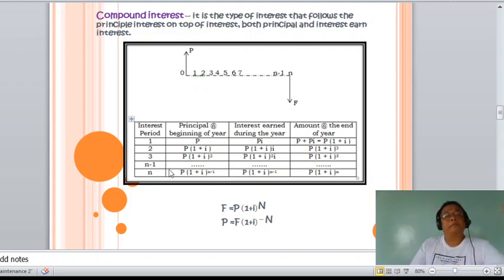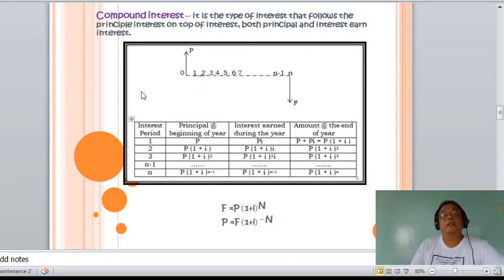So, in interest period 1, at the beginning, the principal is designated as P. And of course, this P will be multiplied by the rate of interest I. So that is why, in the third column, we write PI.